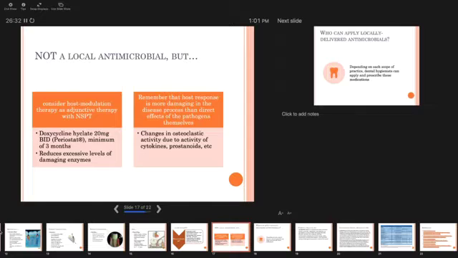And then, of course, whenever we're talking about the host response in periodontal disease, we remember that the host response is more damaging in the disease process than the direct effects of the pathogens themselves, right? Because we have changes in osteoclast activity because of those cytokines and those prostanoids.